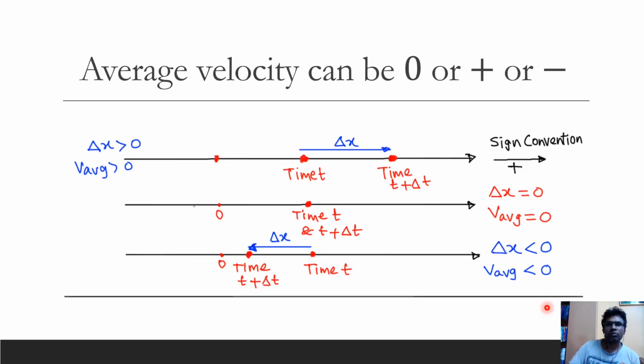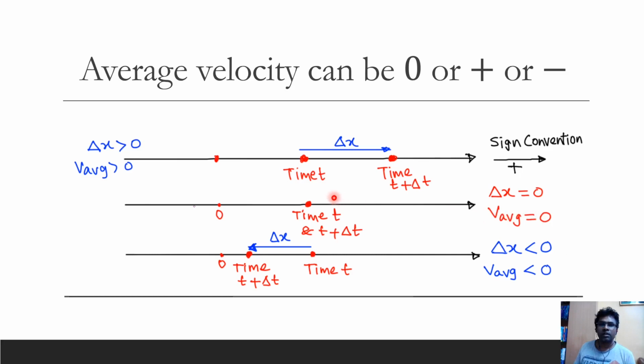Now, if you look at the displacement, it can be zero at times. The particle may be at the same location during that time interval, or maybe the particle moved in either direction and then returned to the same location. In such a case, the average velocity will be zero.